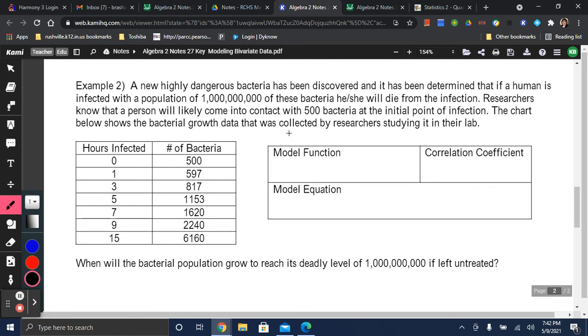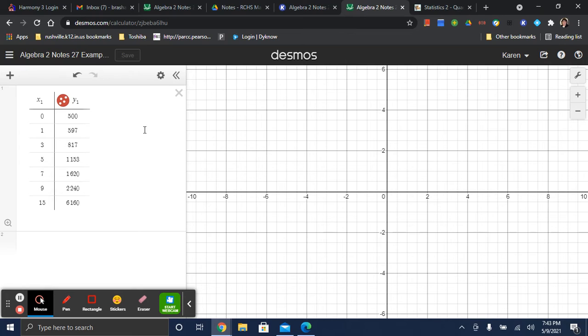Basically, they want to know how quickly it would grow to this 1 billion level, so that they could administer medicine or take actions to prevent that from happening. So again, you would go to Desmos and type in the data.